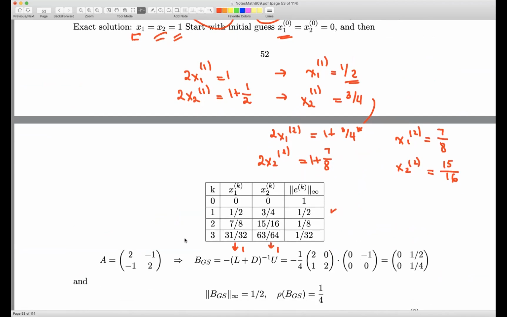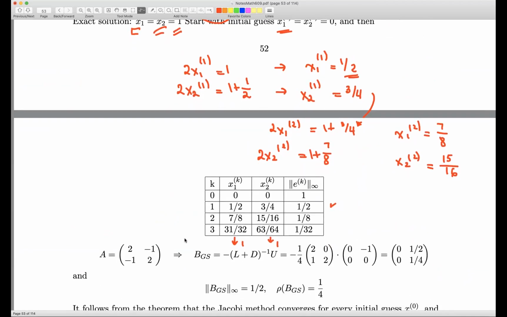And if we compute the matrix, the formula for the Gauss-Seidel was minus L plus D inverse times U. And if you compute the inverse of L plus D, and if you compute U, you will find out that the iteration matrix for Gauss-Seidel is this matrix.